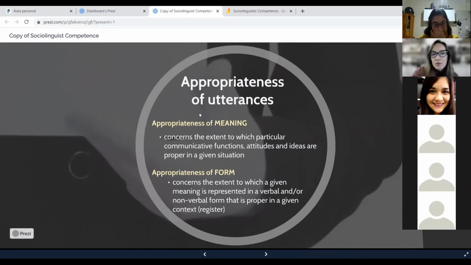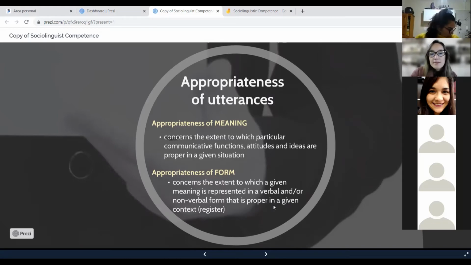Okay, so we talked about these two characteristics for appropriate utterances. Appropriateness of meaning is always in relationship with a specific situation, right? That is why it is called sociolinguistic competence, because we need to take into account the pragmatic aspect of language, language in use.